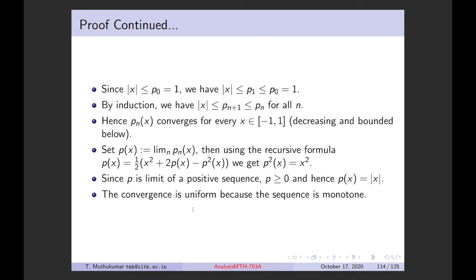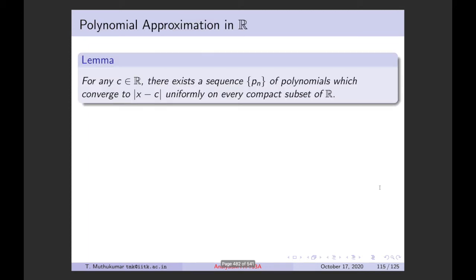So this proves that we can obtain a sequence of polynomials which converge uniformly to mod x in [-1, 1]. Now we will extend this result to the entire set R, but now you cannot have a uniform convergence. It will be uniform convergence on compact sets, the compact-open topology.